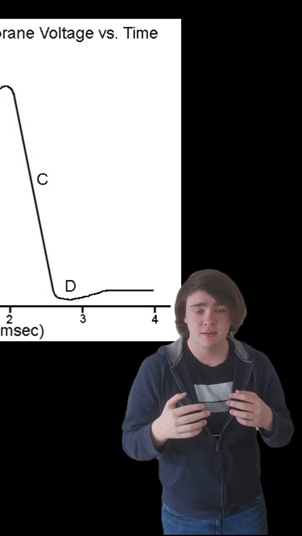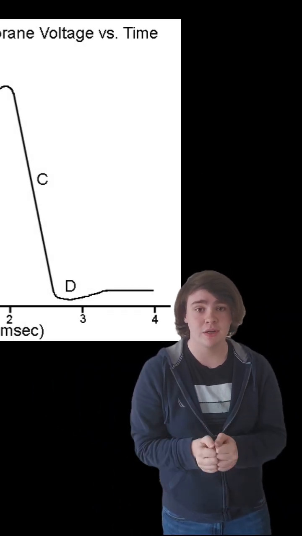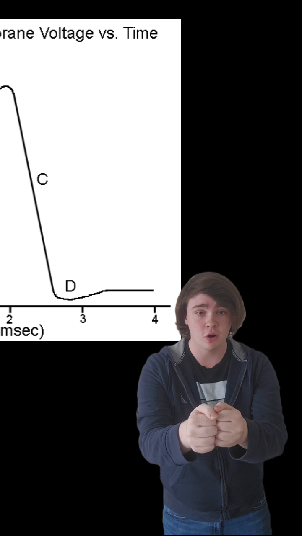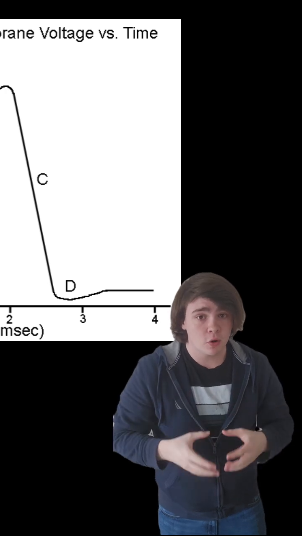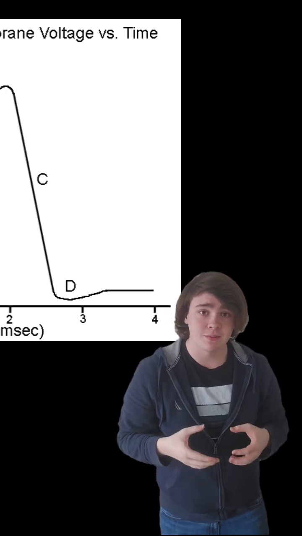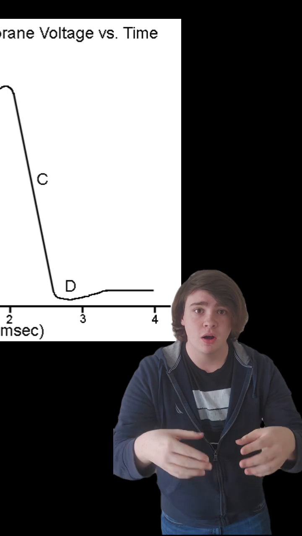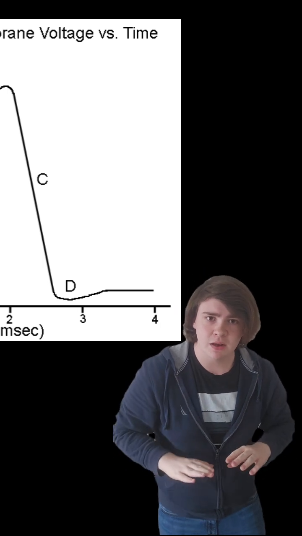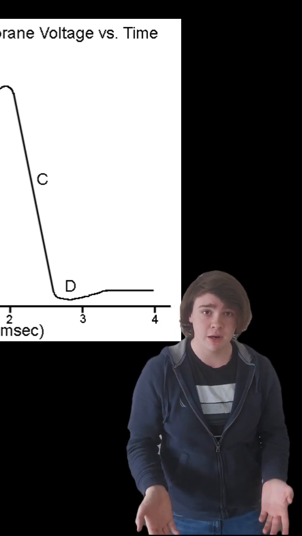Now, we can't do this forever. It's not exactly great to just constantly send out action potentials, and it also isn't all that manageable. So what will happen is the repolarization stage, in which all of our potassium channels are going to open. And we are going to take all of these positive potassium ions outside of the neuron, which will bring us back down even a bit lower than our negative 70 microvolts.